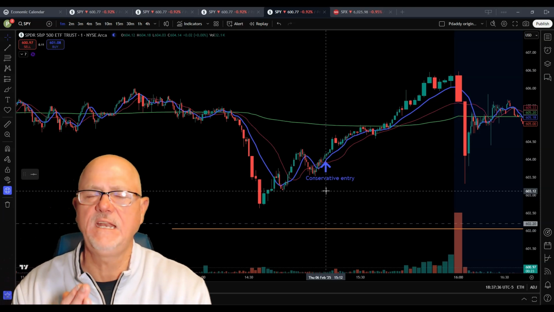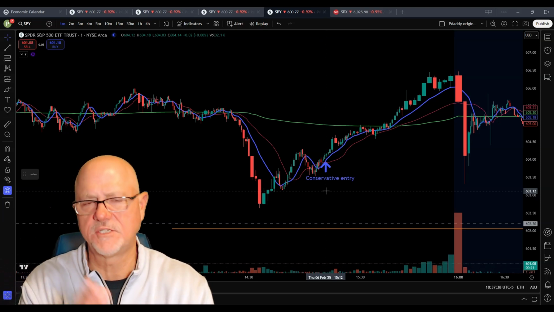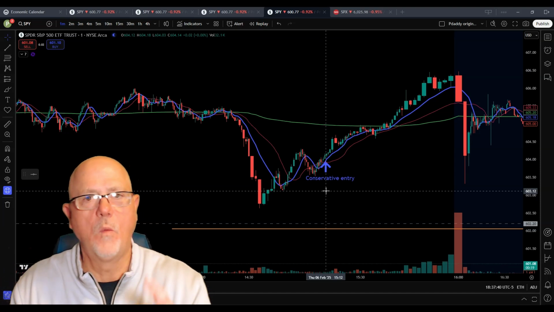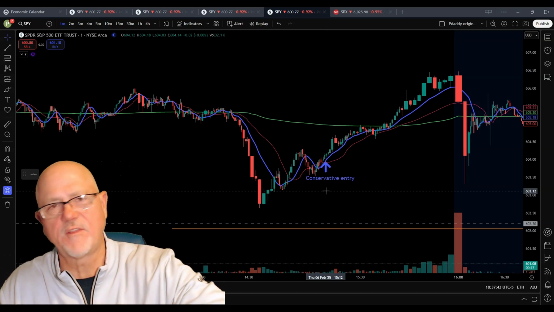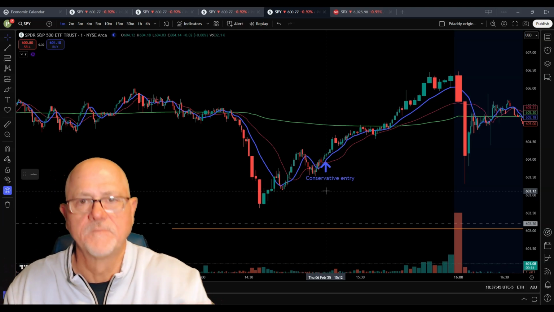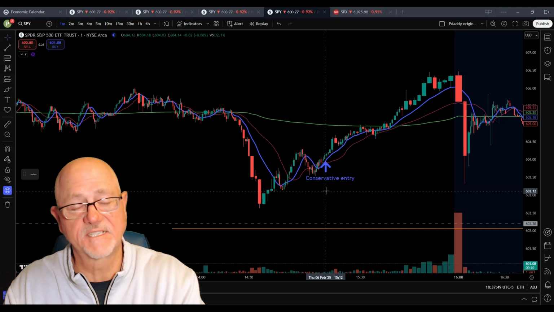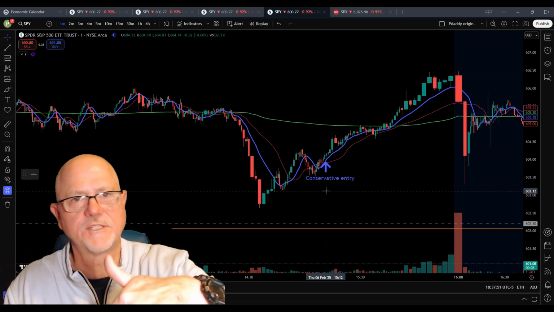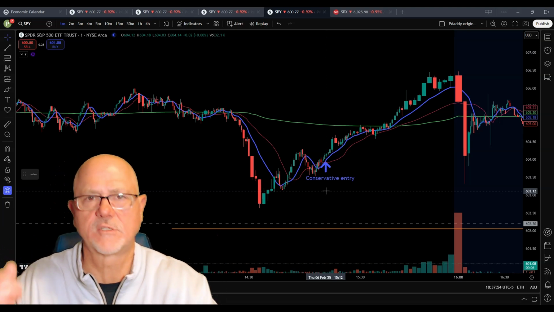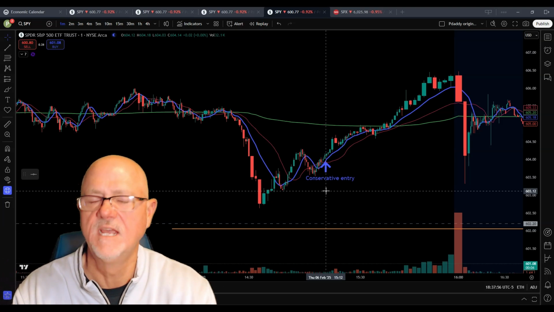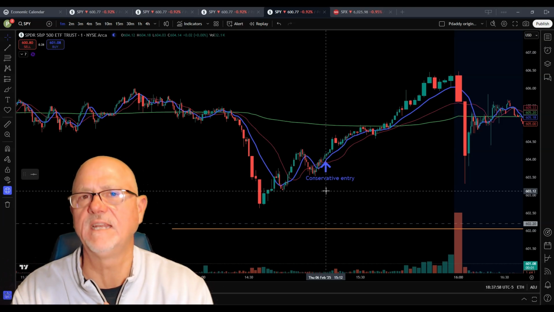We need a 9-20. Your 9 needs to cross your 20 to the upside. And then once you get that first green candle after the close or after the cross, that's your signal to get in, okay? To the downside, it's like this. Your 9 crosses your 20 to the downside, and then that first red candle that closes after you get a cross, that is your signal to get into the puts.